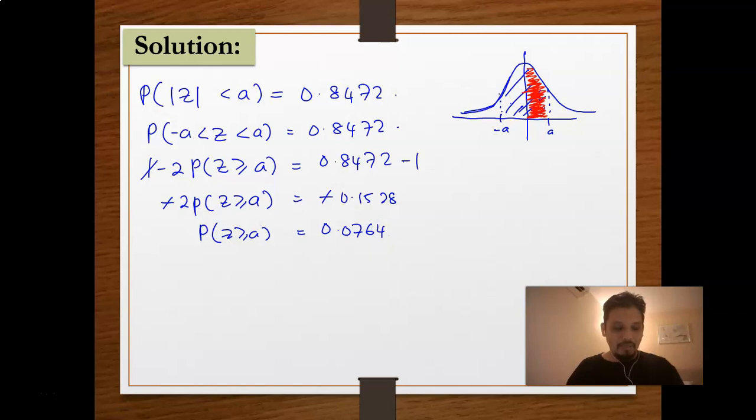From the table, we need to find 0.0764. I found it here.